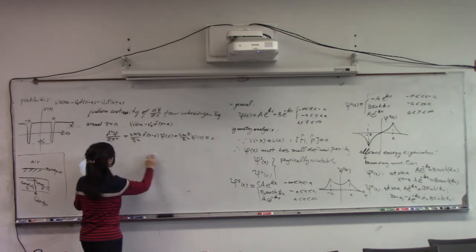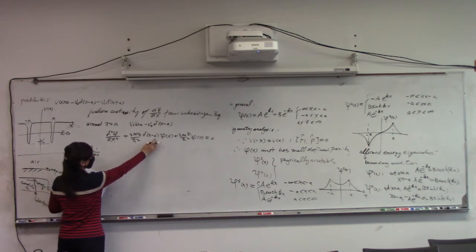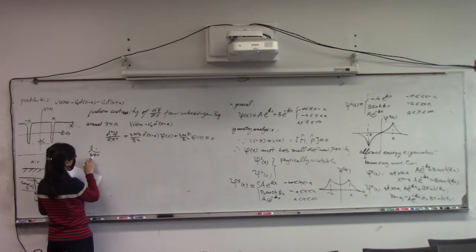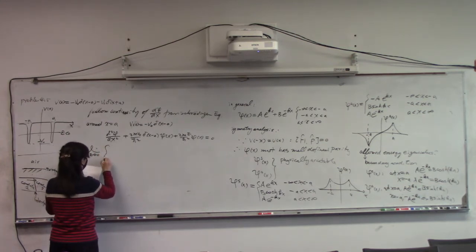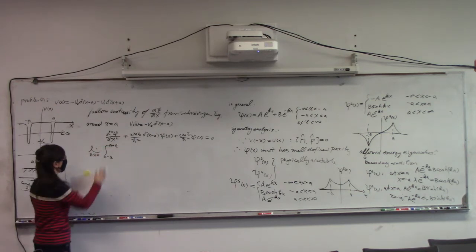So to solve this, it is better to take the integral, considering just around a, with epsilon going to 0. So we integrate from a minus epsilon to a plus epsilon, when epsilon goes to 0, that is around a. So they are equivalent.